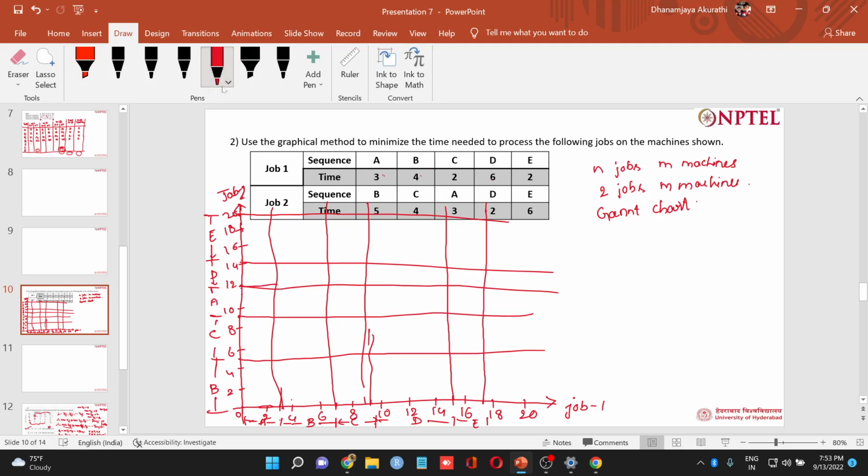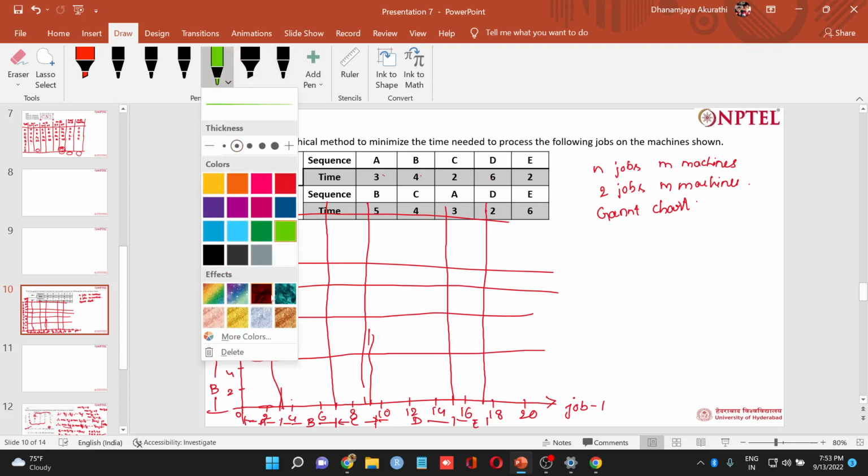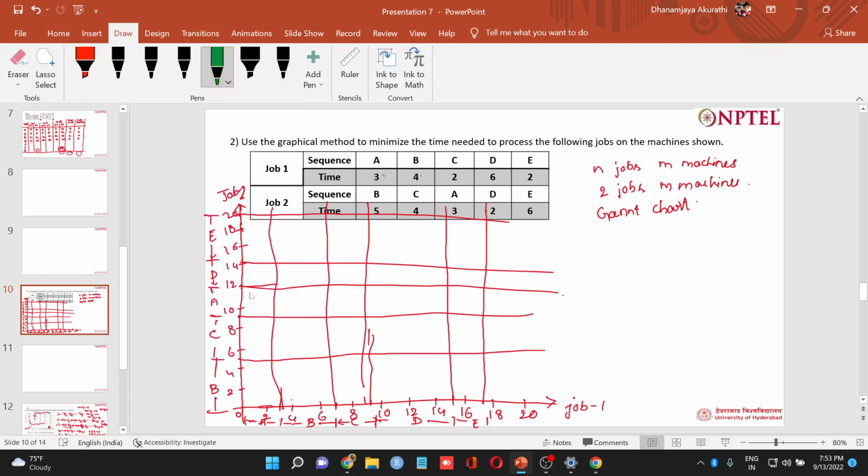So this box represents machine A. And here it is B from 3 to 7, in this area machine B is involved, and for machine C it is here, and D is involved here, and E at last it is here.